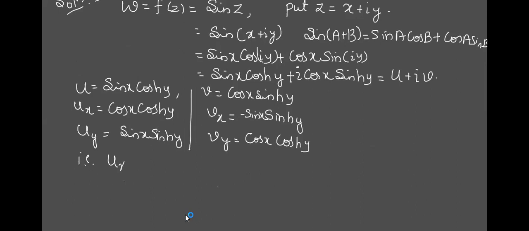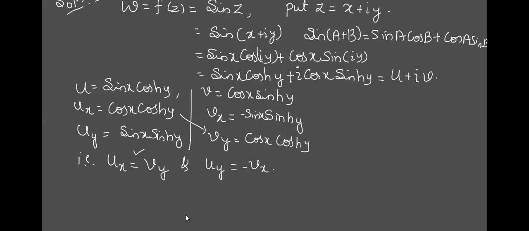What do I have to write for that? The CR equations. What is the CR equation? ux is equal to vy, and uy is equal to minus vx. That means ux and vy, are they not the same?